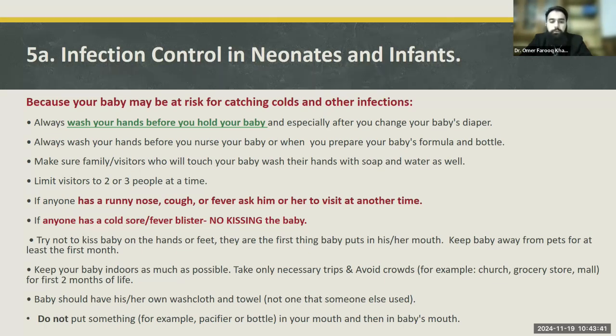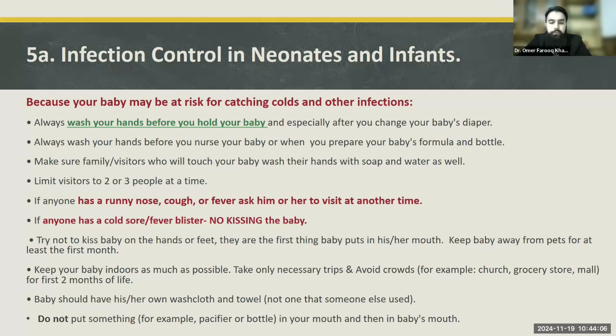Baby should have his or her own washcloth and towel, not the one that someone else uses. Baby's clothes, baby's towels, baby's washcloths should be separate from adults' washcloth or towel. Do not put something, for example, pacifier or bottle in your mouth and then in baby's mouth, because oral cavity is full of bacteria.